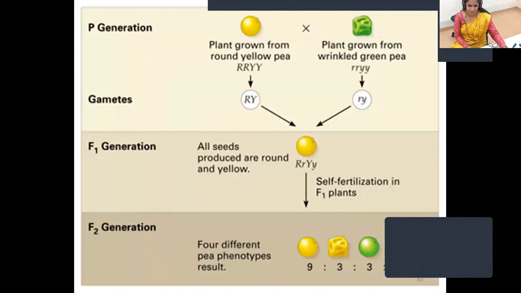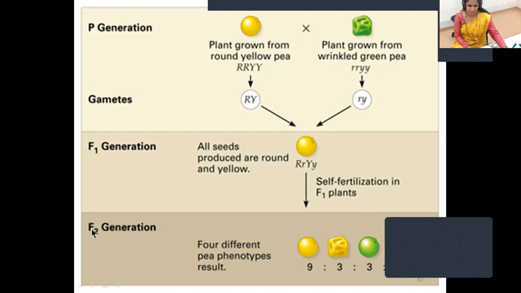Next, you can keep in your mind this diagrammatic representation of the cross also. This is the parent generation, a plant grown from a round yellow pea, then a plant grown from a wrinkled green pea. Then we got the gametes here. In the F1 generation, all seeds produce round and yellow in heterozygous condition. Then this will move further to self-fertilization in F1 plants.